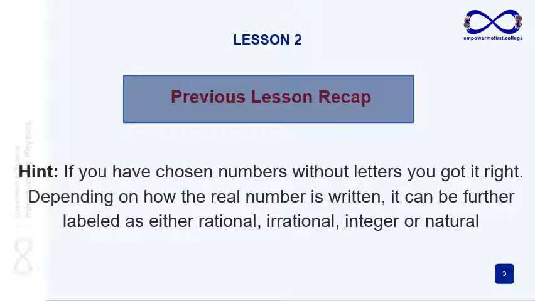If you had chosen numbers without letters, you got it right. That depends on how the real number was written previously. This can be further labeled as either rational, irrational, integer or natural, which is what we are going to look at today.